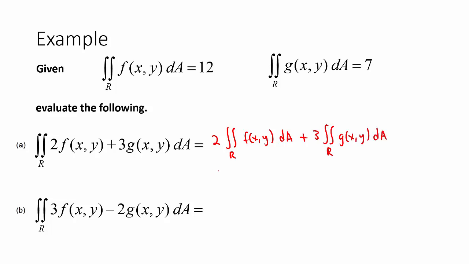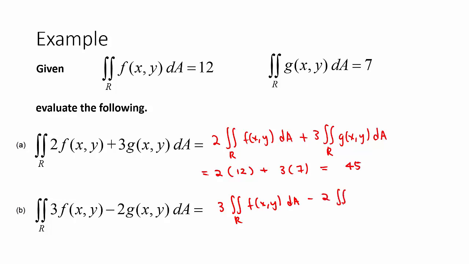And now, using the values that you are given, make a substitution. And then finally evaluate to get the answer 45. Similarly, for the second one, you may take out the constant and take out the constant and express them as two separate double integrals.